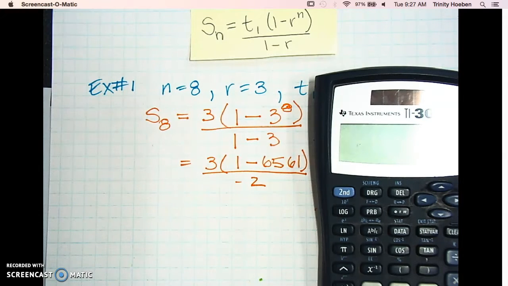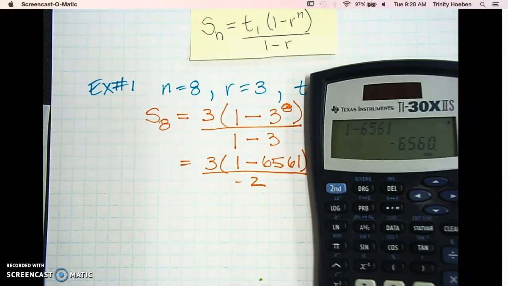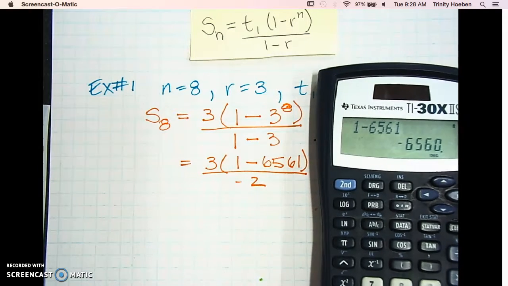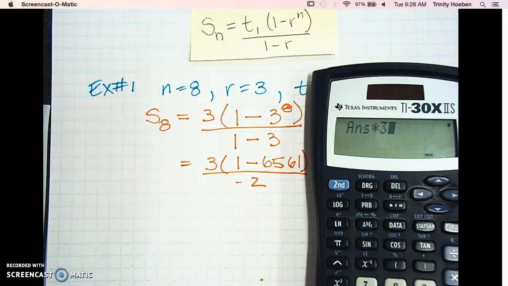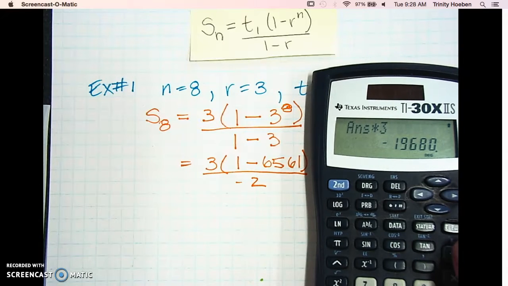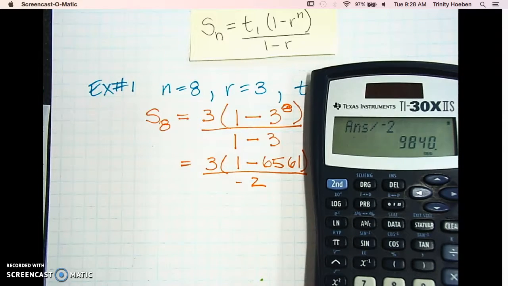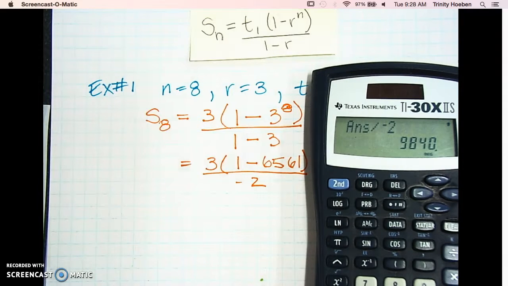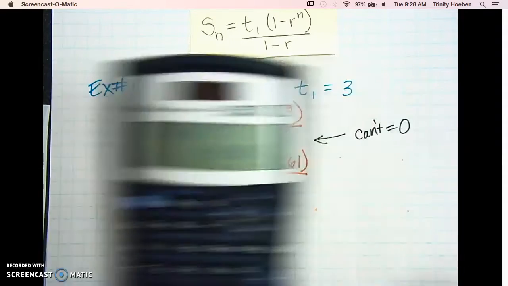And then just type it in your calculator. So you're going to go 1 minus 6,561, which gets you a negative number, which is fine, because we're going to end up dividing by a negative number in just a second. But first multiply it by 3, and then divide it by negative 2. Hit the equal sign. I got 9,840.